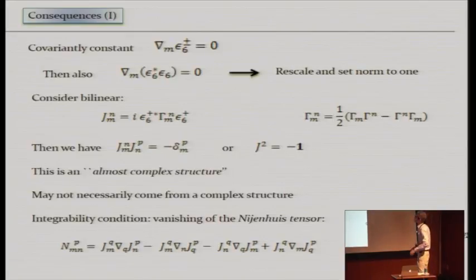So that means that you can just rescale it and set it equal to 1. Okay, so we'll assume that. But then there are other interesting bilinears that you could look at. So there's this bilinear, which is epsilon 6 plus dagger, gamma_mn, epsilon 6 plus. And gamma_mn is the basic Lorentz generator, the basic SO(D) generator.